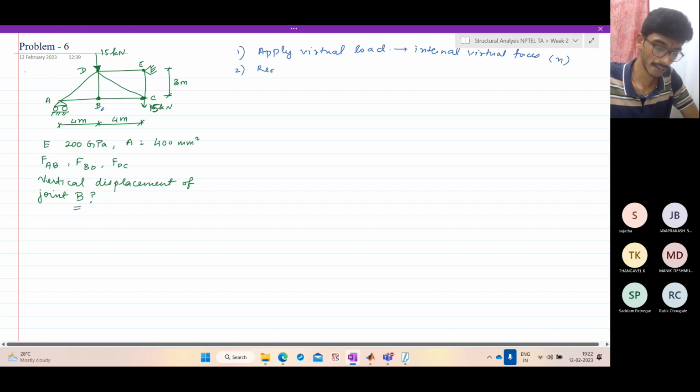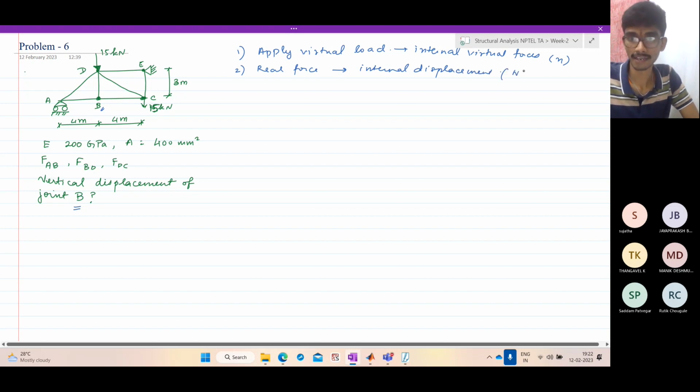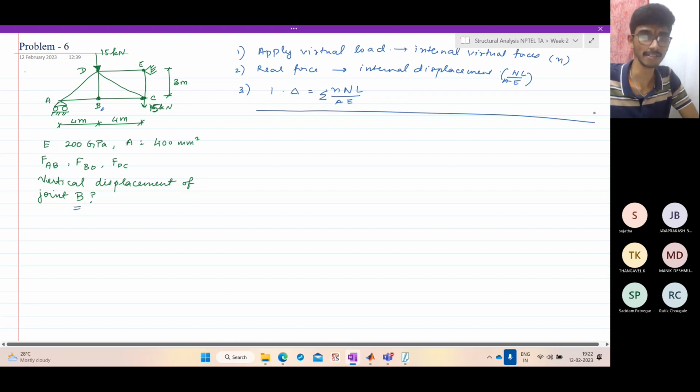Then for real force, you need to get internal displacements. What are they? NL by AE for each member. Third thing, use the virtual work equation: 1 delta equals summation of n N L by AE over all members. Now let's get started. So this is an interesting problem.